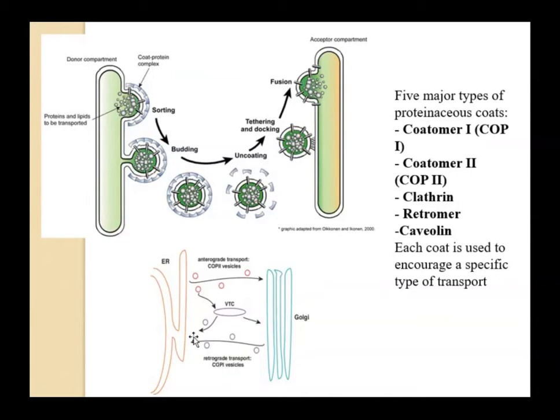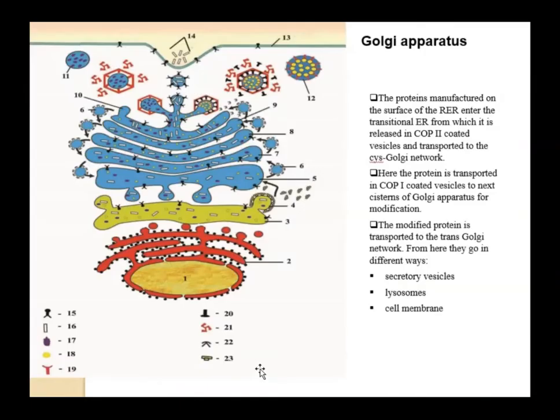In the first case, this transport is called anterograde transport. In the next case, which means returning of resident proteins to the ER, this transport will be called retrograde transport, because it will take place in the opposite direction.